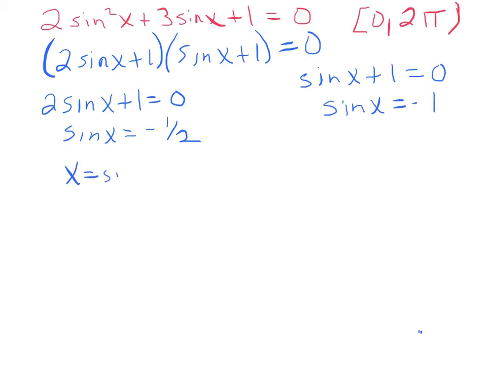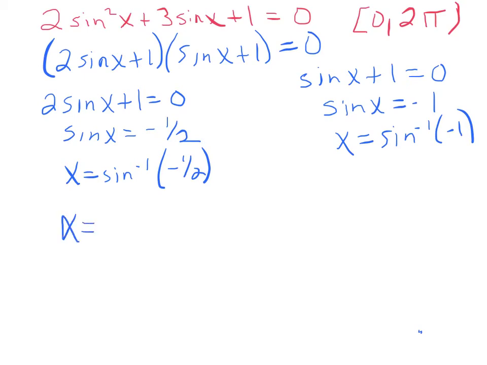So x is the inverse sine of negative 1/2. And this x is the inverse sine of negative 1. So the values between 0 and 2 pi that have a sine of negative 1/2. Well, what am I going to end up with?